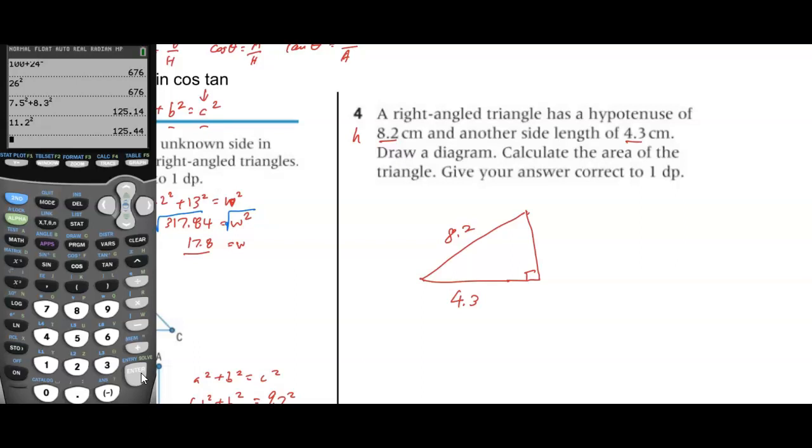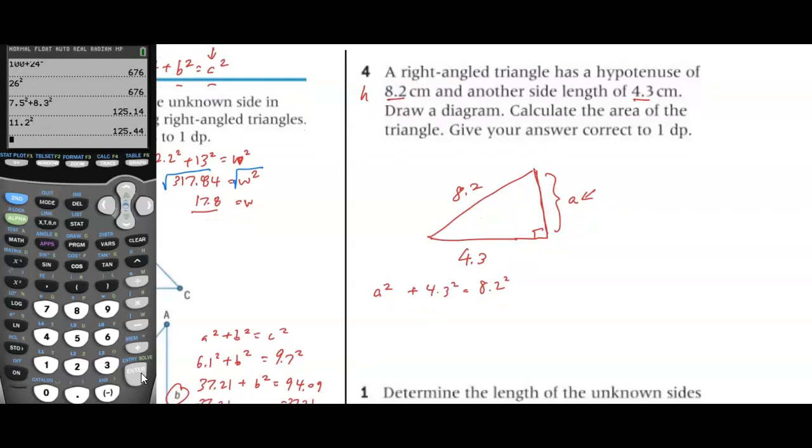So first thing we're going to have to do is figure out the length of this unknown side. a squared plus 4.3 squared equals 8.2 squared. Once we figure out the length of this side, then we could do 1/2 base times height, which is the area of a triangle, right?